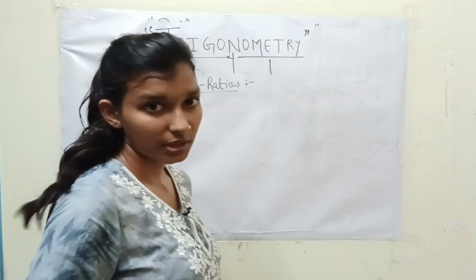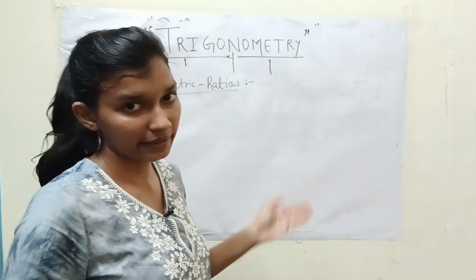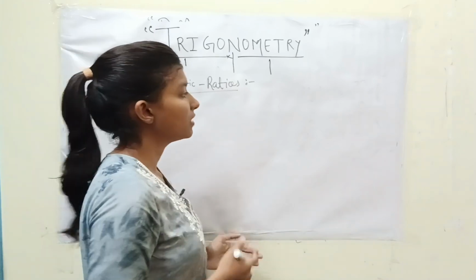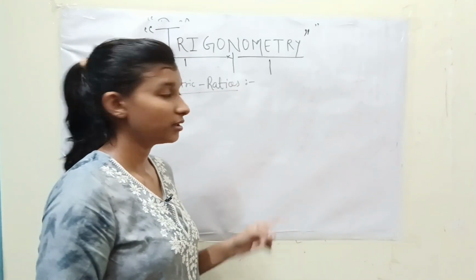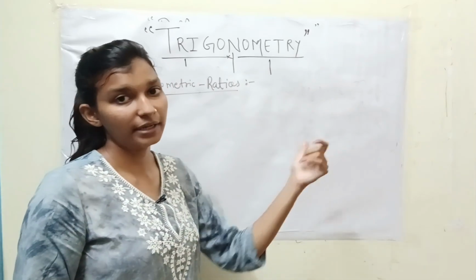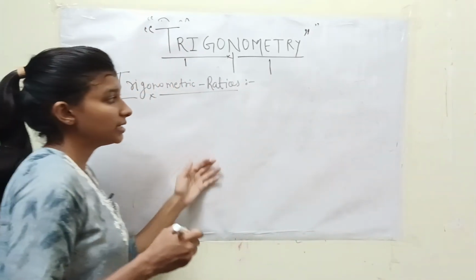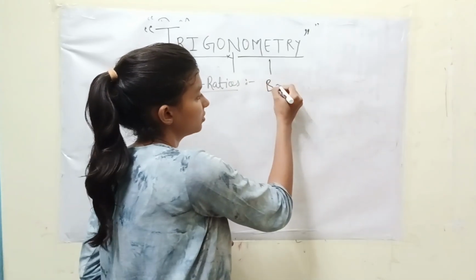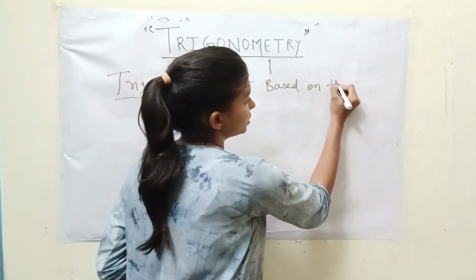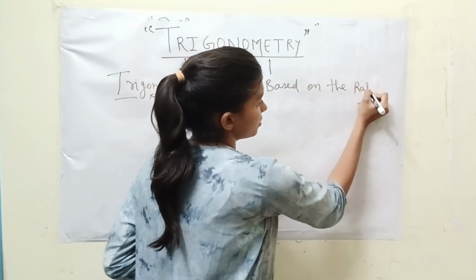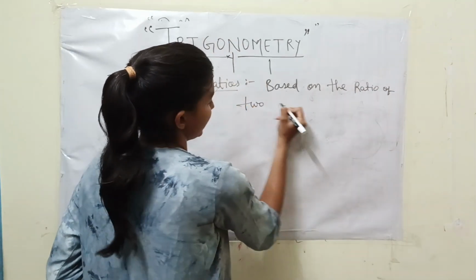As I have told, trigonometry is a study of the relation between sides and angles, and this allows us to study the whole triangle with only one angle and one side required. How does it work? It is based on the ratio of two specific sides.